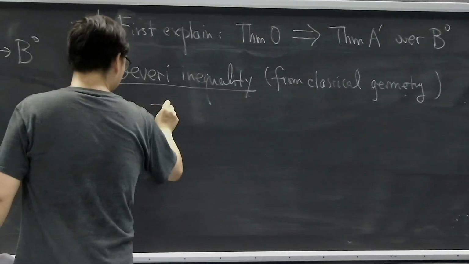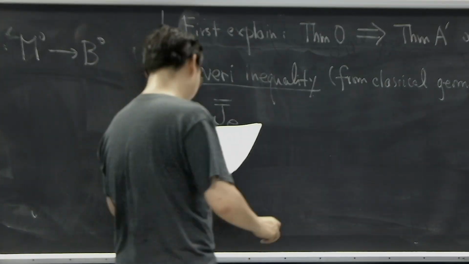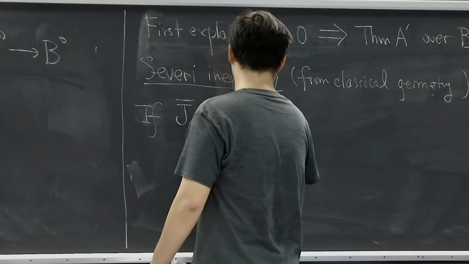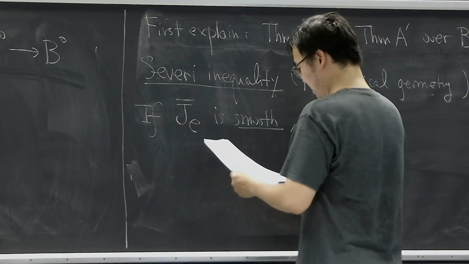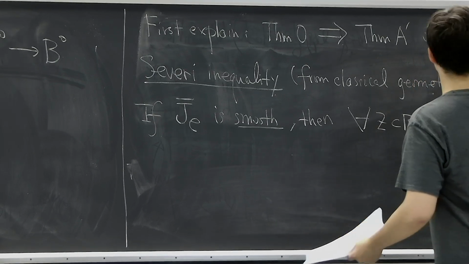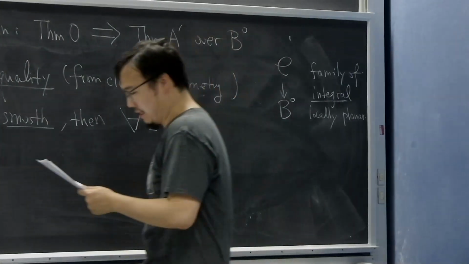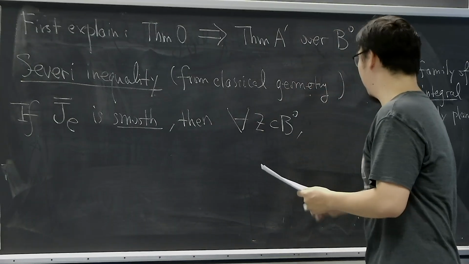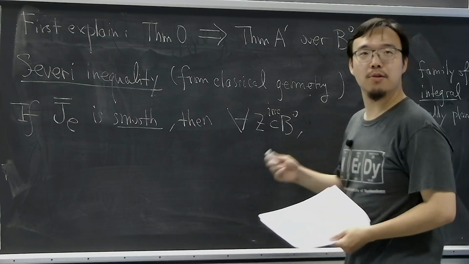If the relative compactified Jacobian is smooth, then for any irreducible Z inside B, sorry, it's a different notation, to avoid confusion I'm just using B circle, because we consider a family of integral locally planar curves. So for any irreducible Z in B circle, we have the inequality in the other direction.